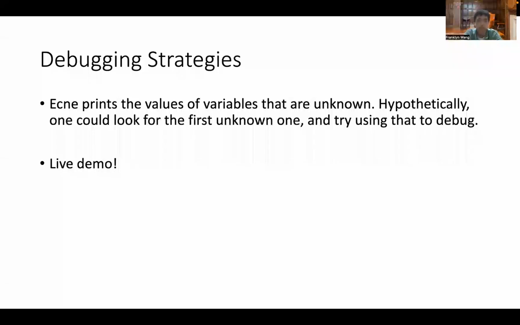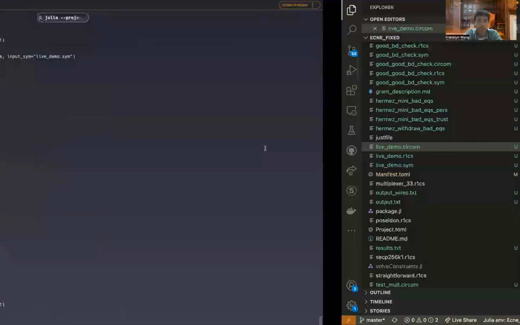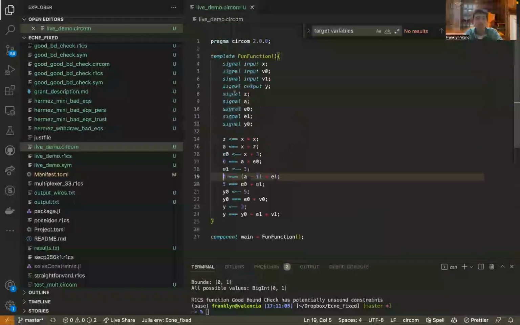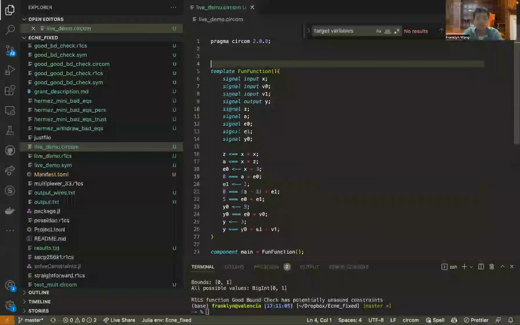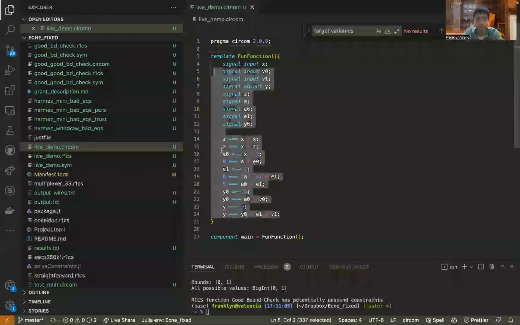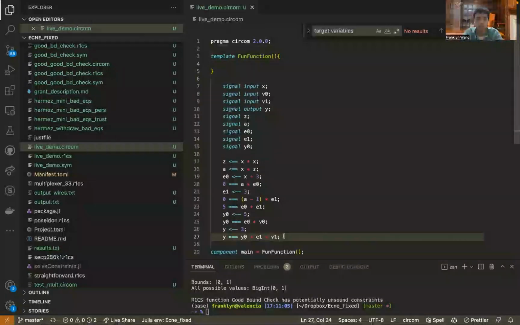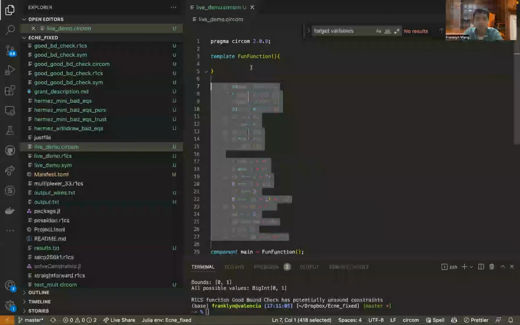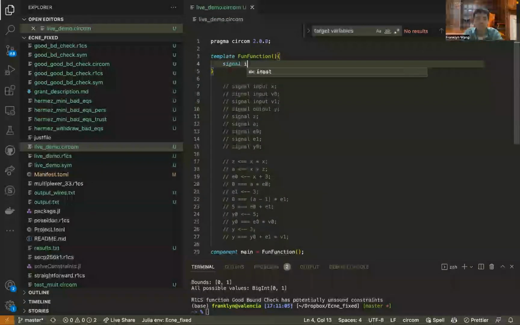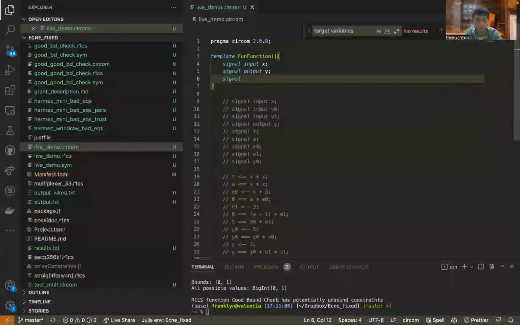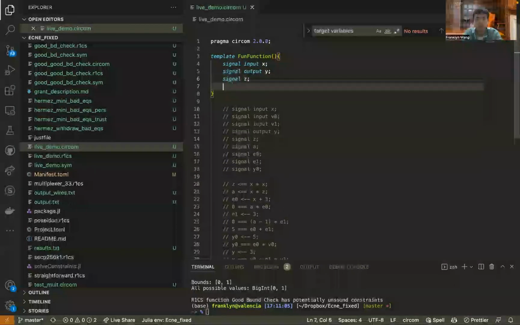Now let me show you a live demo that I prepared that will show us what Ecne is capable of. Okay, let me comment this out, and let's do something very simple, the example we started off with.